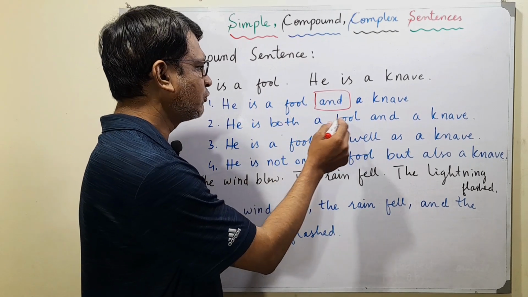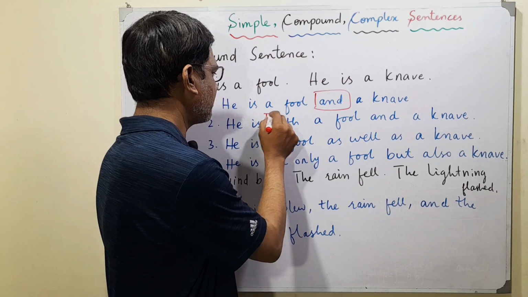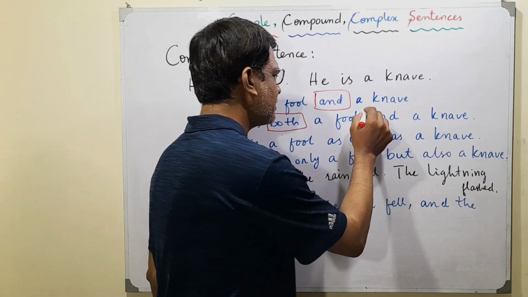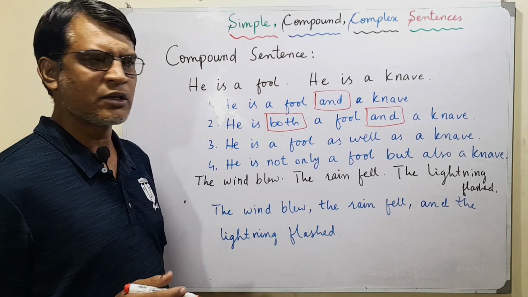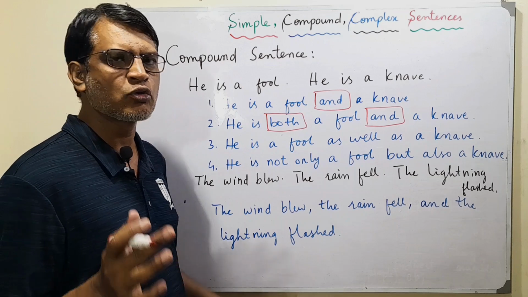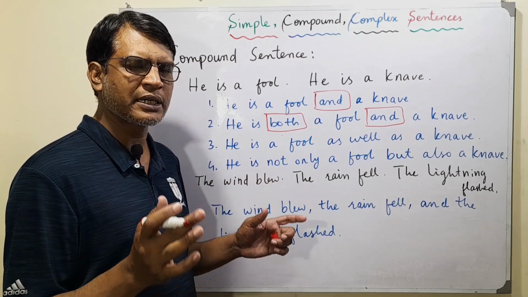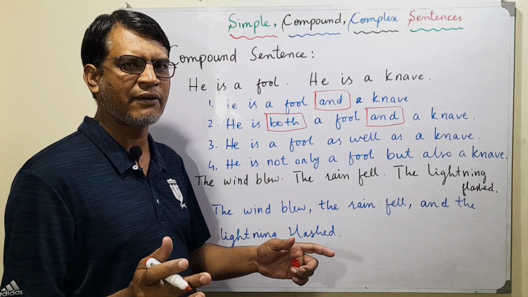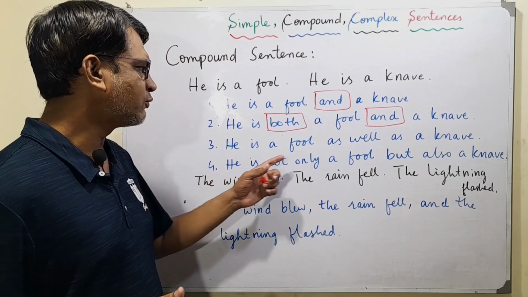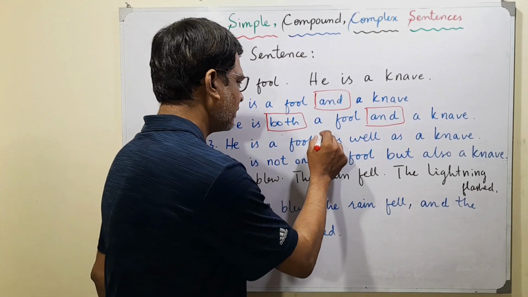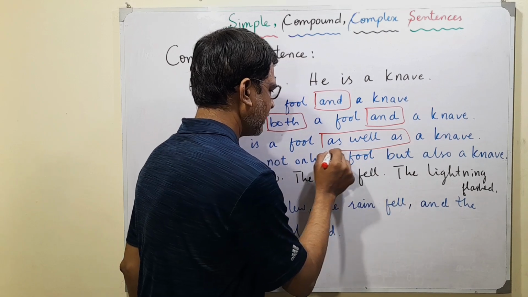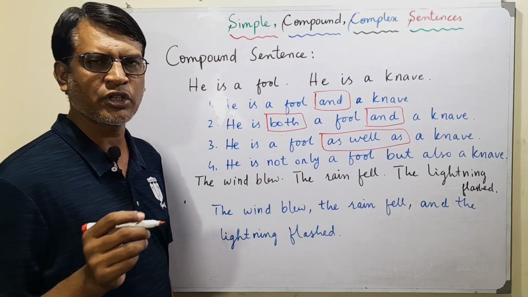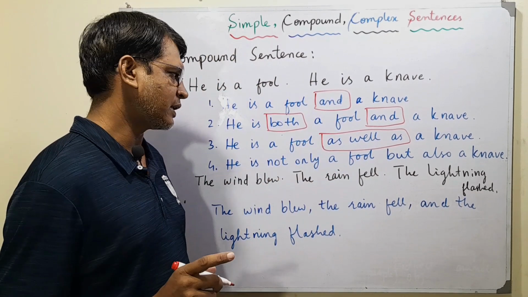He is both a fool and a knave. Now here I'm using both and and. So both and can be used to make two simple sentences into one compound sentence. And again, when we separate them, both will have their complete meaning. He's a fool as well as a knave. Here we are using as well as, which is also a conjunction we use for compound sentences.